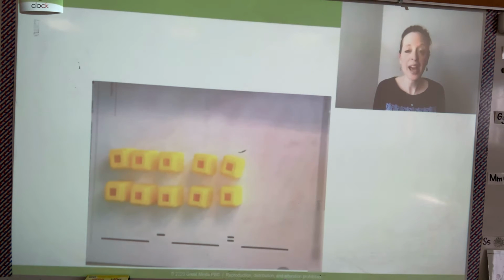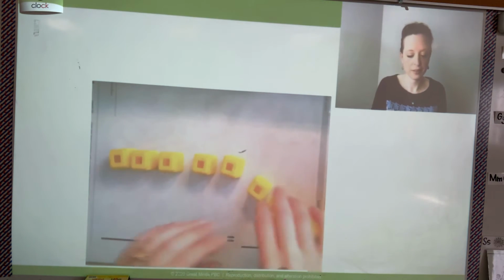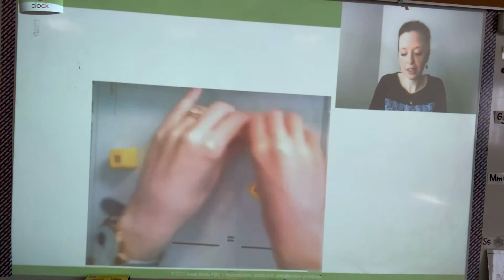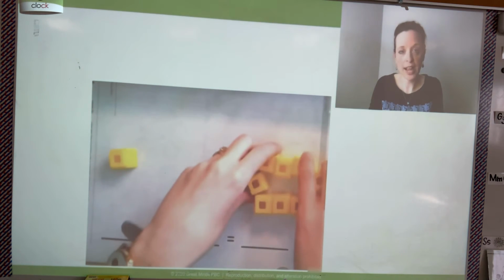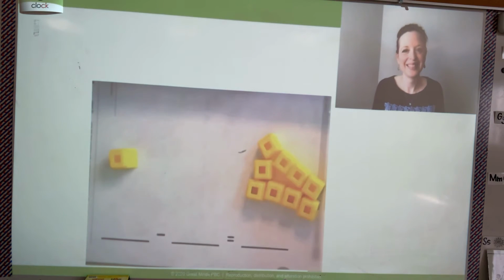Let's show that by taking 9 cars. Here's 5, and here's 4. 9 cars all together, and putting them to the side. We started with 10, 9 cars drove away, and we have 1 car left.